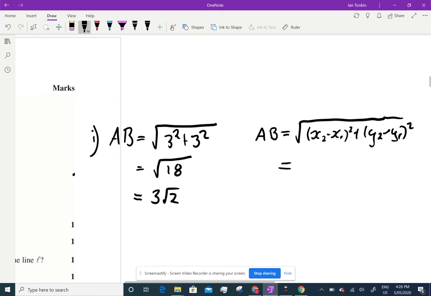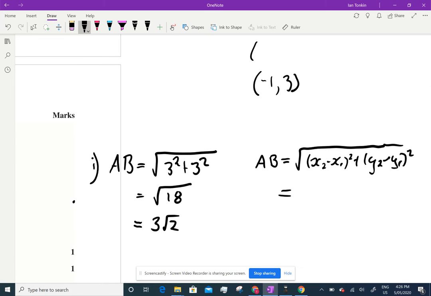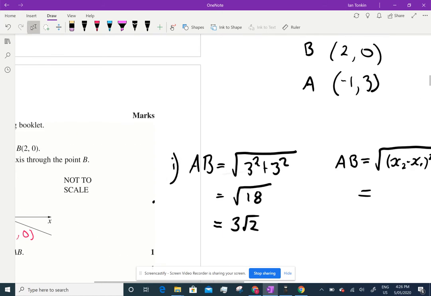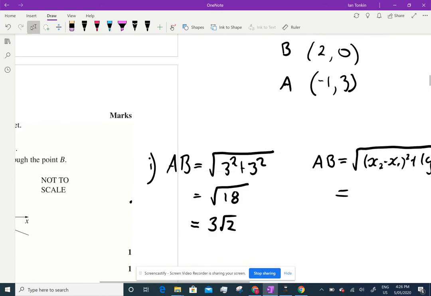Well, let's write them. It was -1 and 3 and 2 and 0. And that's A and that's B. Let's just double check, make sure we're right.